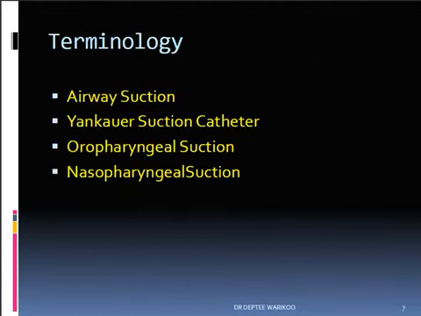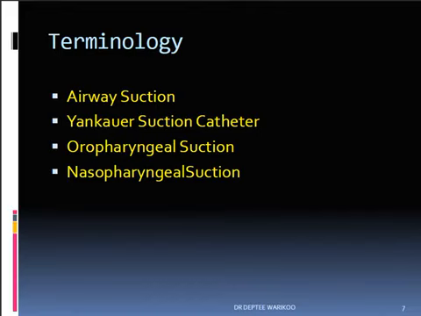Now there are some terminologies which will be very effectively used, like first is the airway suctioning. Airway suctioning is the removal of airway secretions or any foreign materials by artificial means using an applied negative pressure. Then you can see Yankauer suctioning catheter, a rigid suctioning tip used to aspirate secretions from the oropharynx.